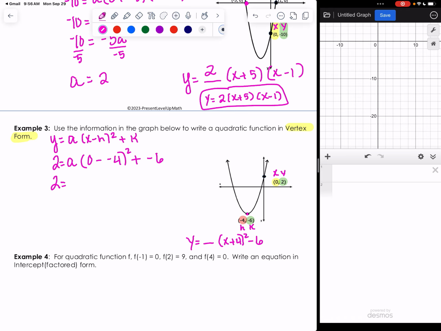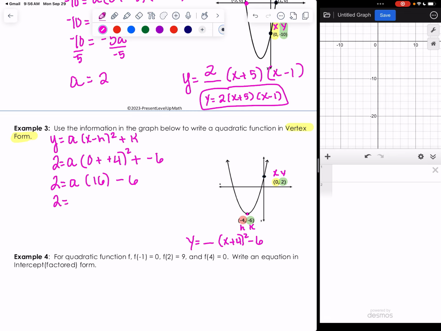2 is equal to a times 0 minus -4, which is the same thing as 0 plus 4, squared. So 0 plus 4 is 4, and 4 squared is 16. So this is 16a, plus -6 is the same thing as minus 6. Now I'm going to simplify it a little bit more.